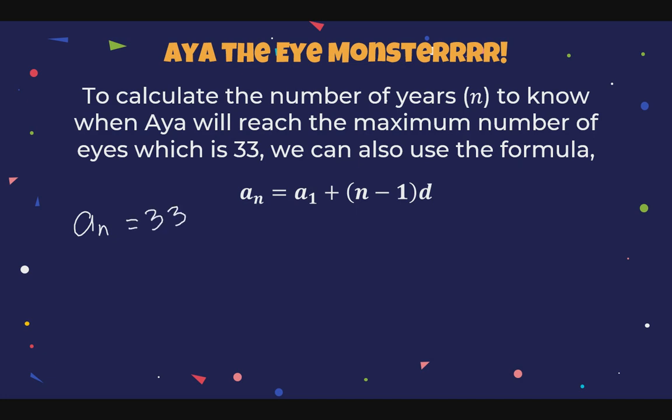It's the last term, and we want to know kung pang ilan tong 33 na to sa ating sequence. And our a sub 1 is 1. N is not yet defined. We are tasked to find n, kung pang ilang year or pang ilan sa ating sequence ang 33. And d is equal to 2.